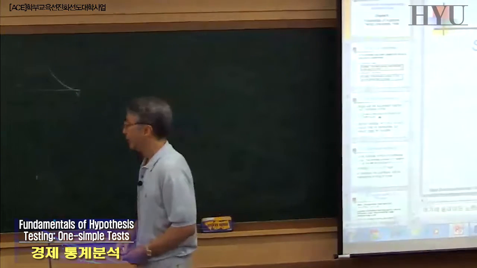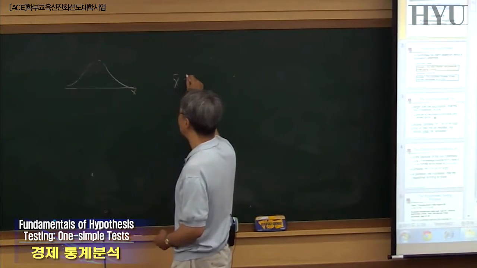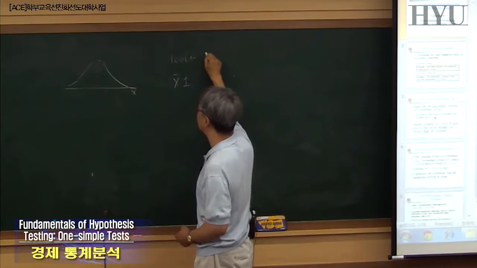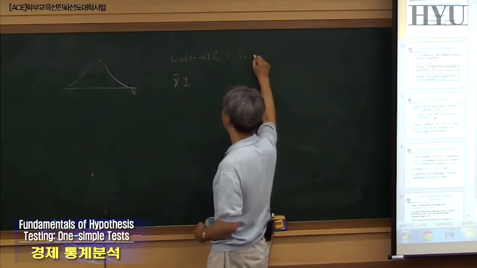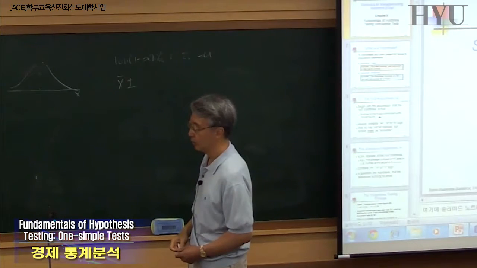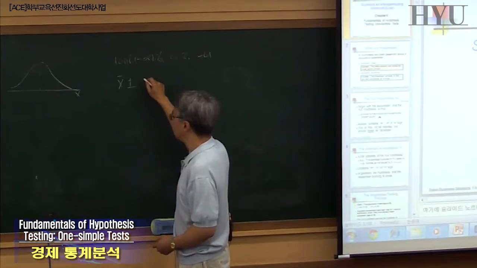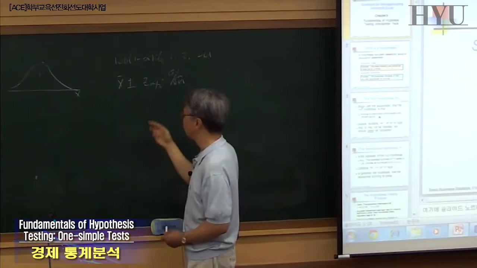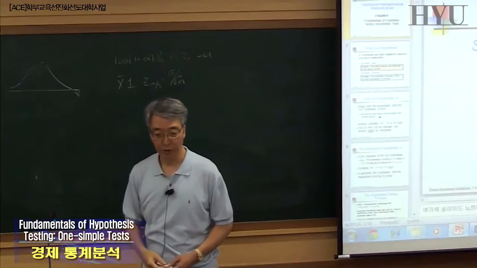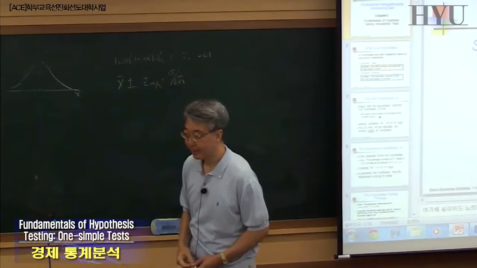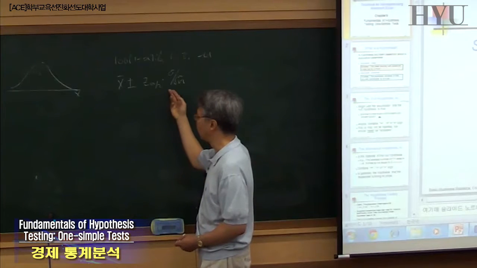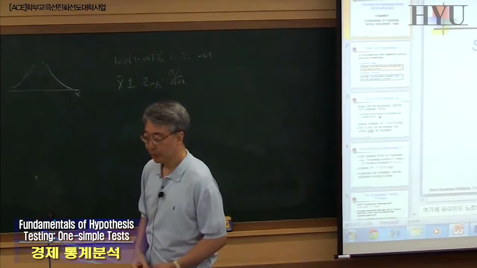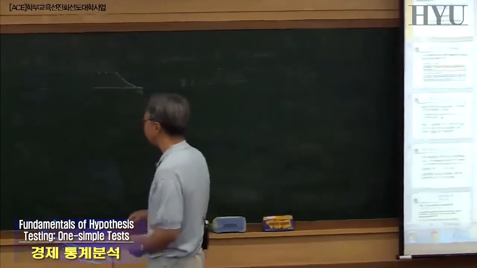The formula for the confidence interval, typically we say the 100 times 1 minus alpha percent confidence interval for the population mean, which is unknown, is z alpha divided by 2 times sigma over square root of n. And of course, if you don't know sigma, then you should use the t distribution. We learned that. And sometimes we use a slightly different standard error if you're dealing with a proportion. So that was about the confidence interval.